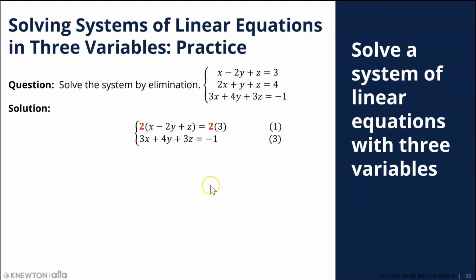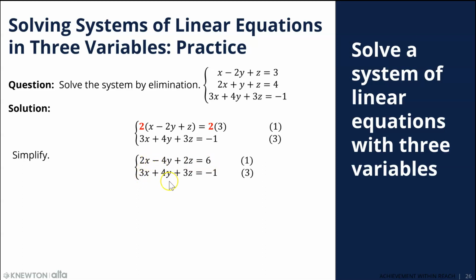So multiplying 2 to the first equation and then simplifying it, we have 2x, so 2 times x is 2x, negative 2y times 2 is negative 4y, and z times 2 is 2z, and 2 times 3 is 6.